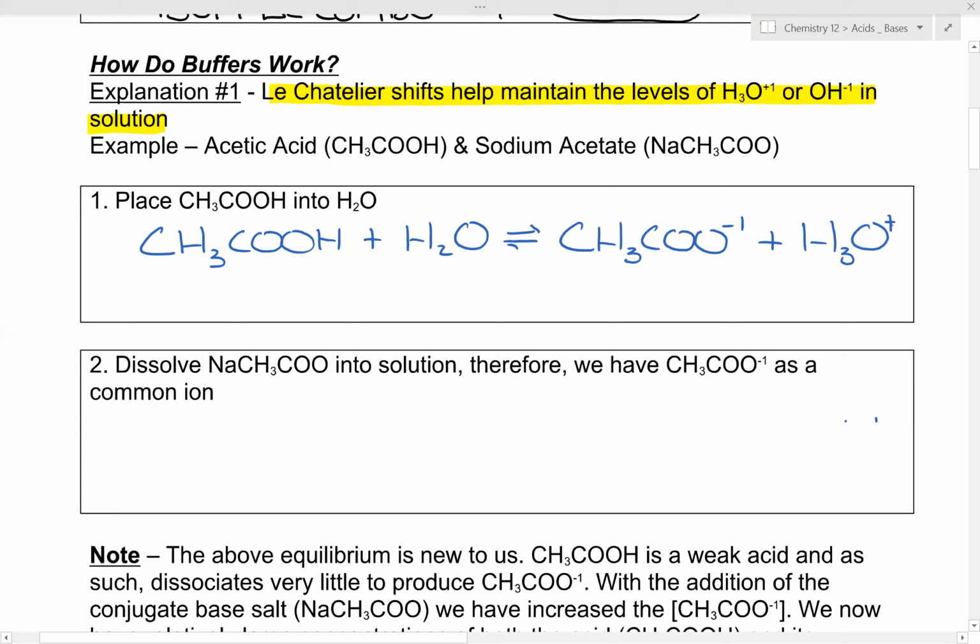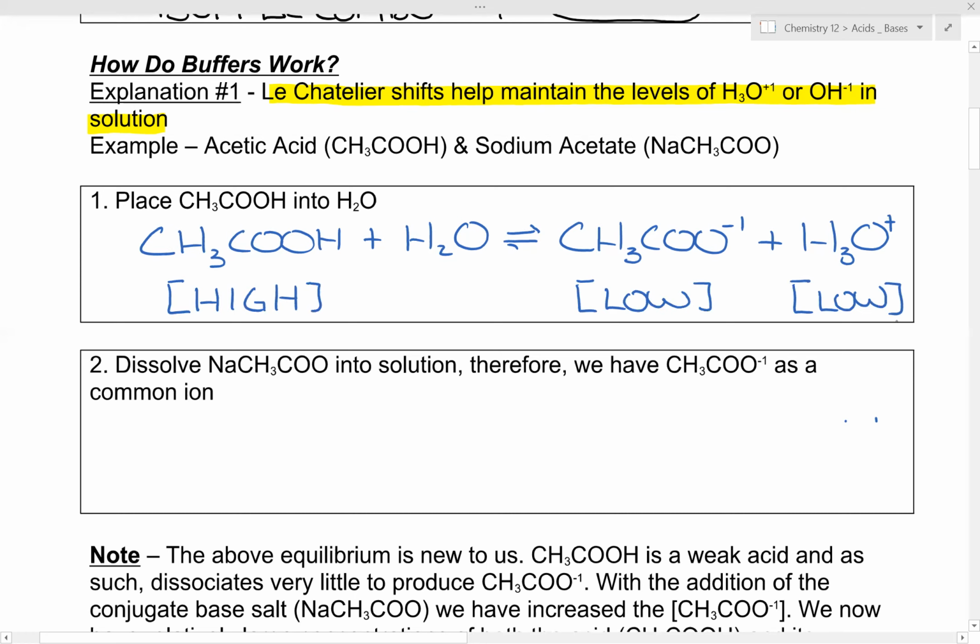Because it is a weak acid, it doesn't dissociate completely. And remember, you use your Ka and ice tables to calculate the concentrations. You will know that the acid will be at a high concentration and the products will be low.